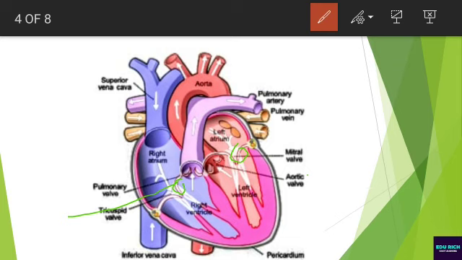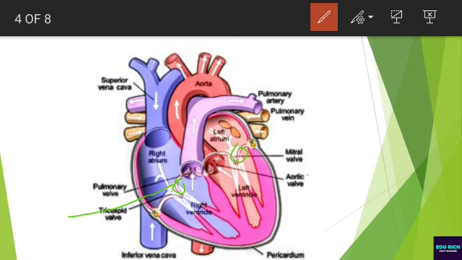Then coming to the semilunar valves. What is the meaning of semilunar? These are the openings in the ventricles from where the pulmonary artery and the aorta arise. In the right ventricle, where the pulmonary artery starts and takes the blood to the lungs, it is called the pulmonic valve.